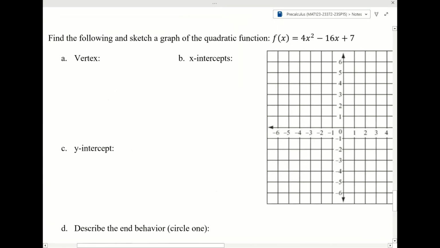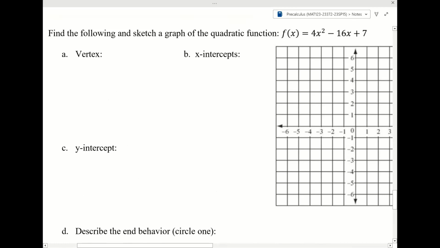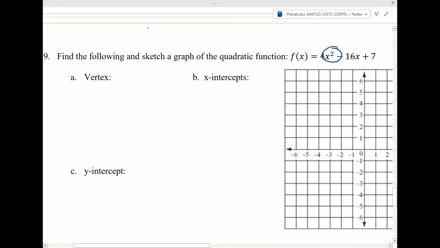On our last page, we have a quadratic equation. This is going back to section 2.6. That's where this is from. So I'll show you the easiest way to do this problem. First of all, this is x to the second, which means the graph looks like this.